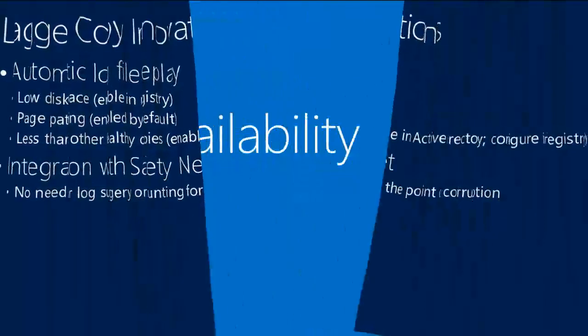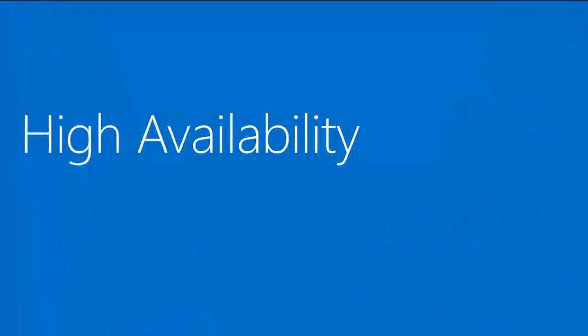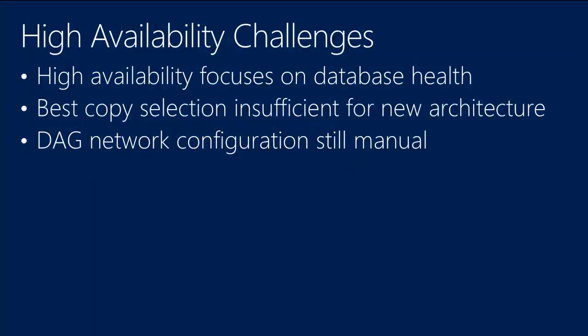All right. So that was the storage area. Let's talk about high availability now. So the high availability challenges, how many of you were at Ross's managed availability session? All right. Great. So for those of you who weren't, one of the things that we talked about was the fact that when you look at the health model in Exchange 2010, particularly around high availability, we're really largely focused just on database health.